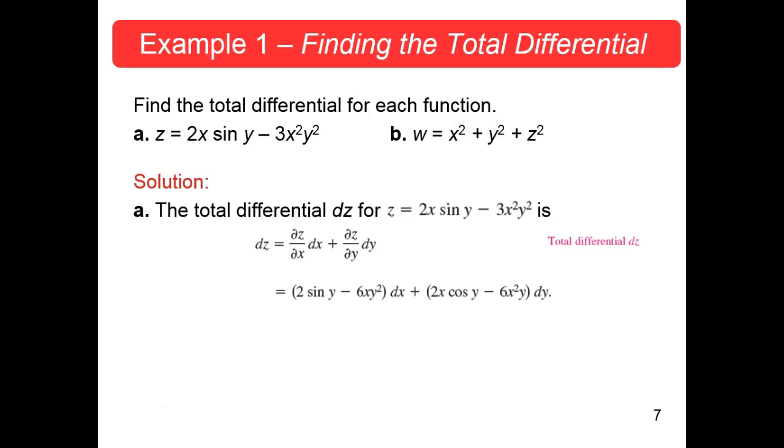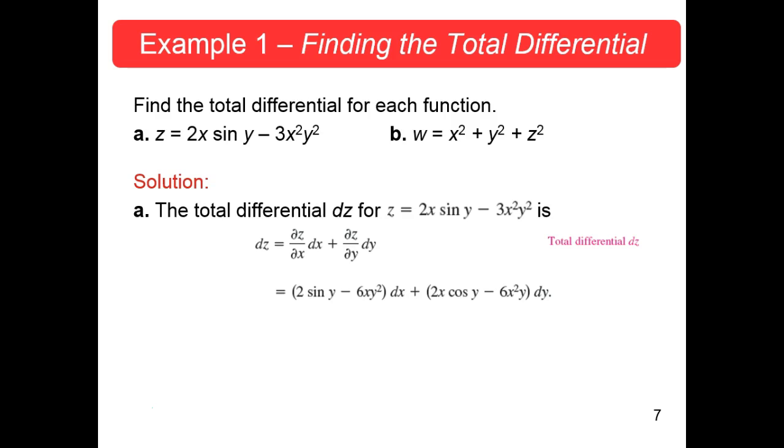All right, so the dz would equal to, first we'll take the partial of z with respect to x: 2 sine y minus 6x y squared. Take the partial of that with respect to x. That's times your dx plus the partial of z with respect to y, which you treat the x as if it's a constant, so it's 2x, and the derivative of sine y is cosine y.